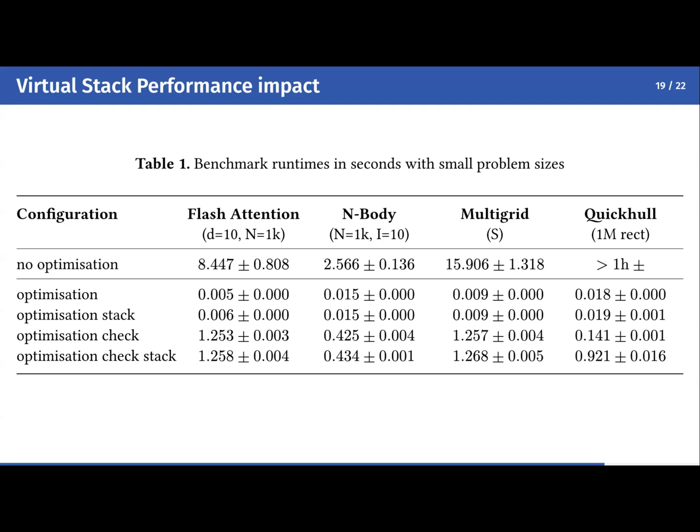And even if you run the optimized version with the checks and the stack, it's still way faster than running the non-optimized version, especially with this quick hold. The non-optimized version, we had to stop it after 1 hour. It was just non-feasible to run that one. But the optimized version with the checks and the stack, we could run, and we could easily debug it. We had all this information.